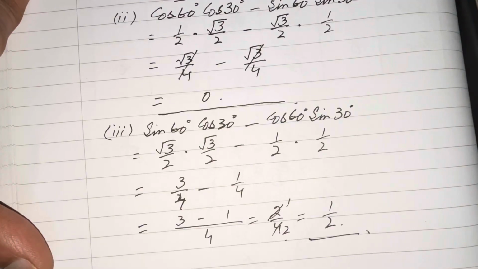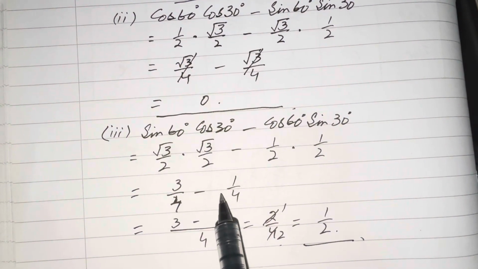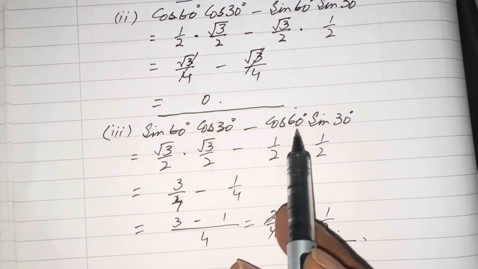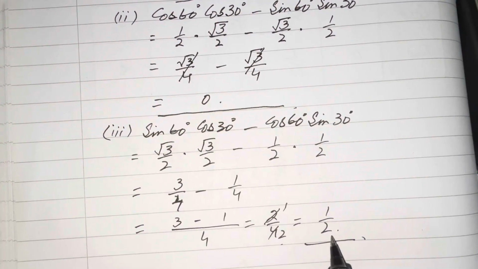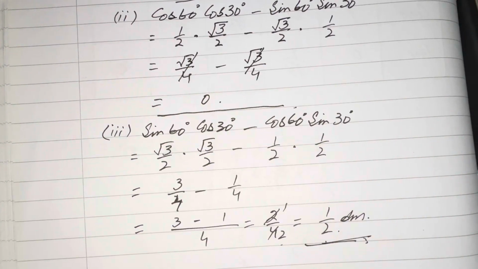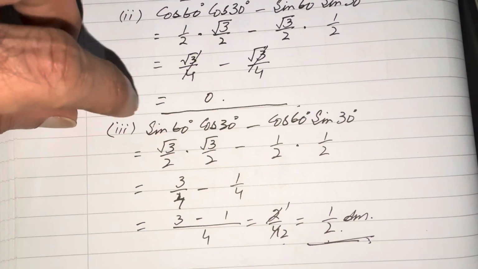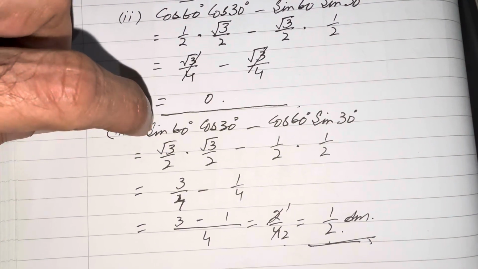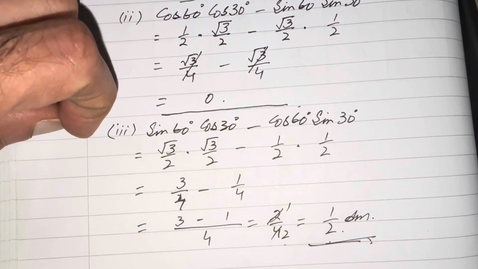So that's the answer we can find in the shortest way: when we put the values of these trigonometric ratios and simplify, we get the answer 1 over 2. These questions are just to practice how to remember the values of the trigonometric ratios, that is, the value of sine 60, sine 30, cos 60 or cos 30.